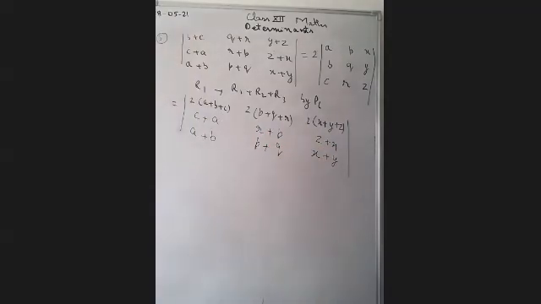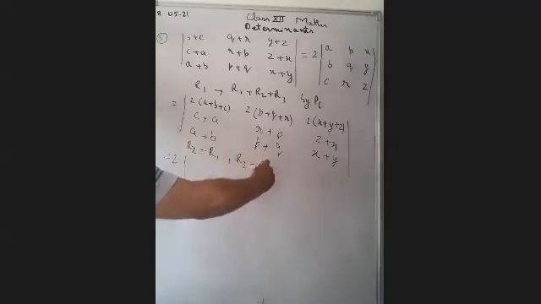Now we can take common. What common can we take? 2 we can take common. We took 2 outside. After that, we are applying this operation. In R2 we are subtracting R1 and in R3 also we are subtracting R1.